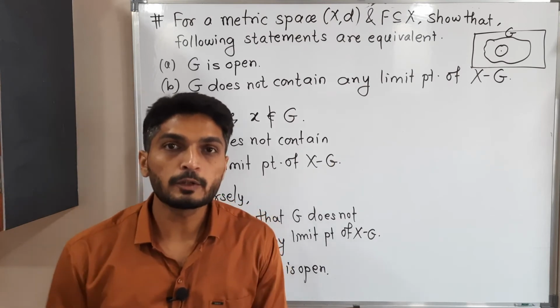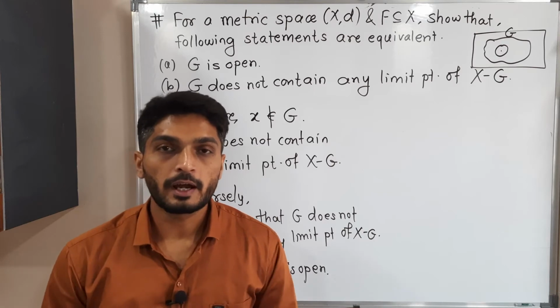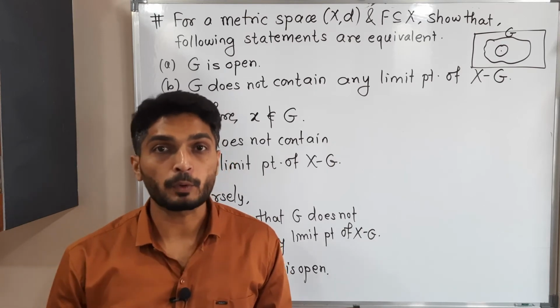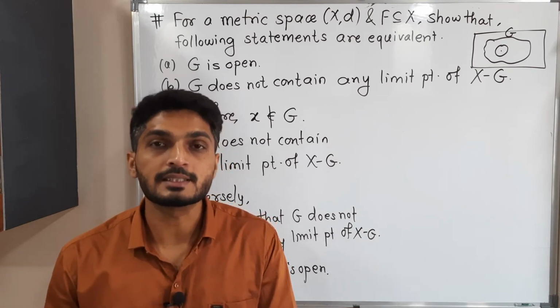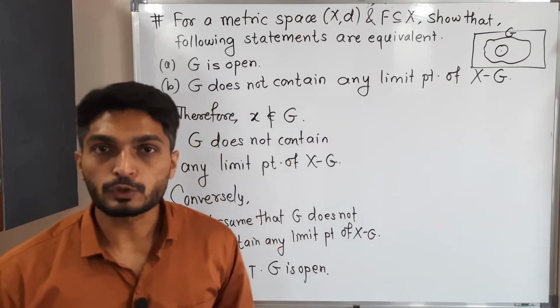What is the technique to prove any particular set is open? We take one arbitrary point, and we try to find a ball around that point which entirely lies inside the given set. Then we can declare it is an open set. So the same technique I am going to use.